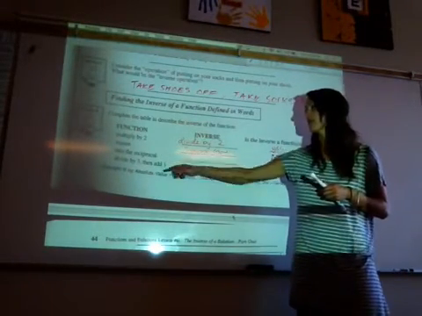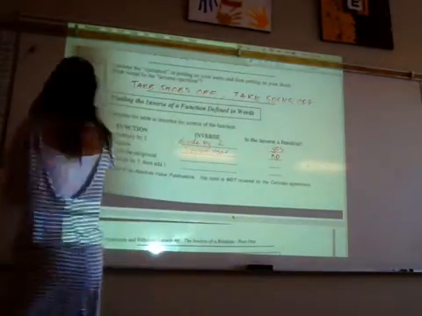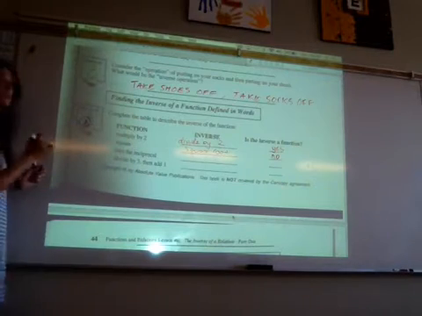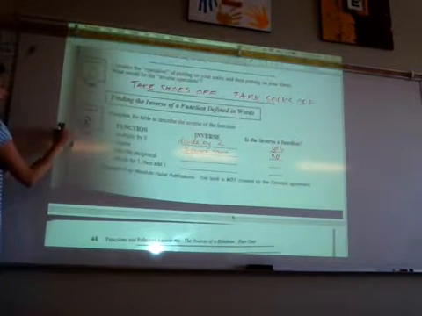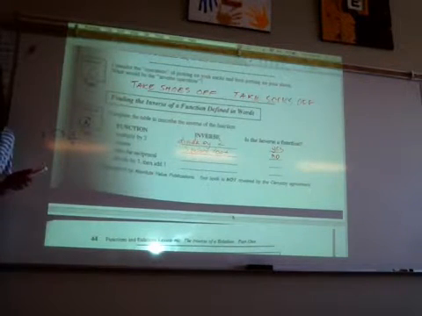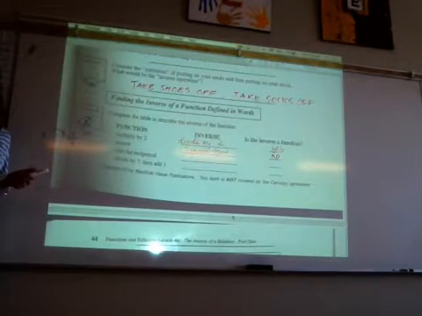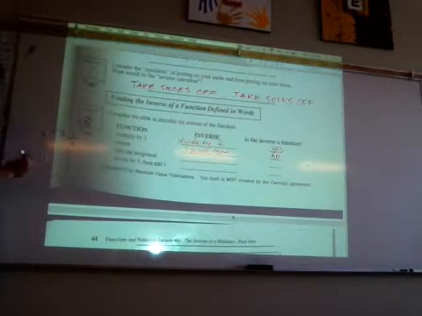Okay, the third part, take the reciprocal. So let's say I started with the function x. If I took the reciprocal, so I'm mapping x to 1 over x, what would be undoing the reciprocal? x over 1? Perfect.